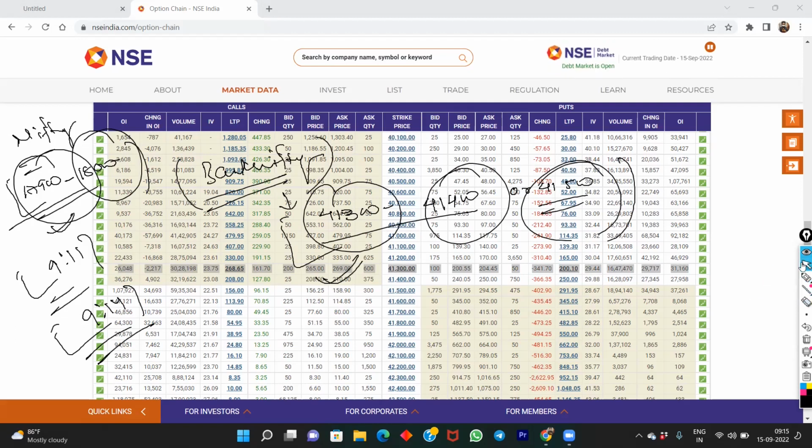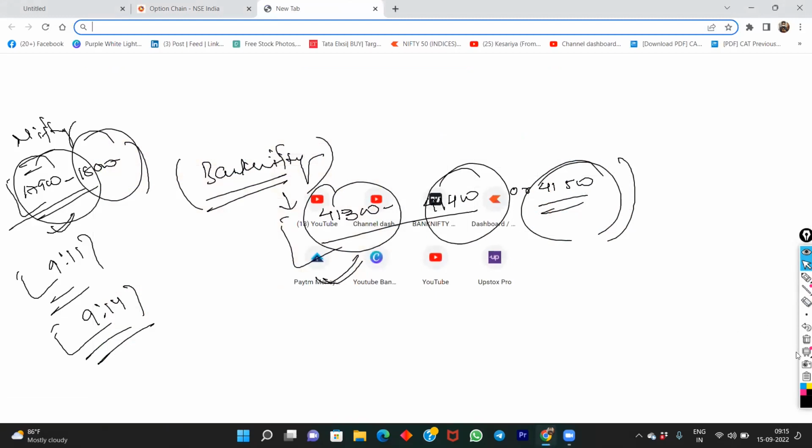So let's go to the TradingView website. From here I can select TradingView.